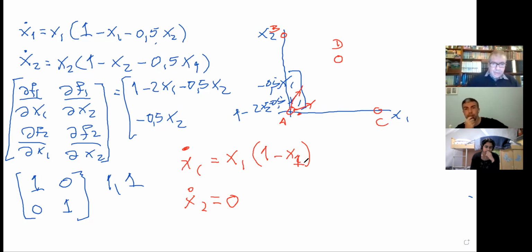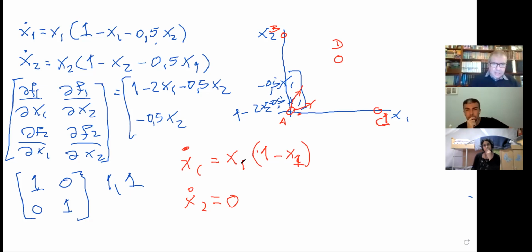Okay, so if you start here, where do you go? Remember that the abscissa of this point is 1. Towards 0? What happens? You have the product of two numbers. What is the sign of the first number, x1, if you are here?